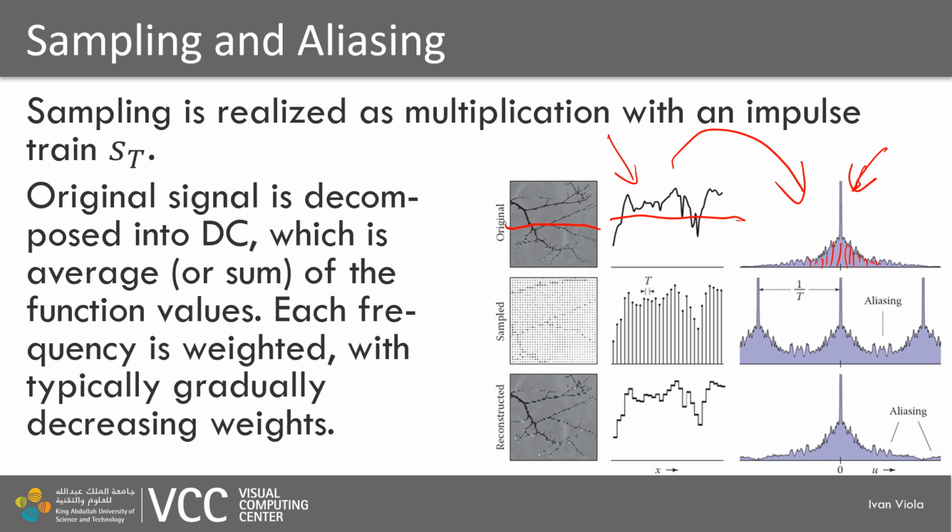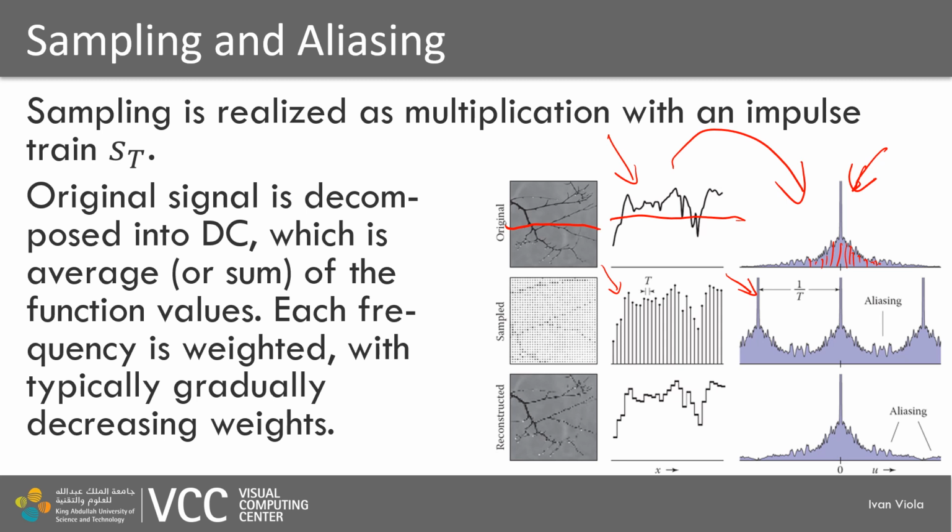So here we have a multiplication of a signal with the Dirac impulse train, and this multiplication is resulting in the frequency domain in a convolution of our frequency spectrum with the Dirac impulse train.